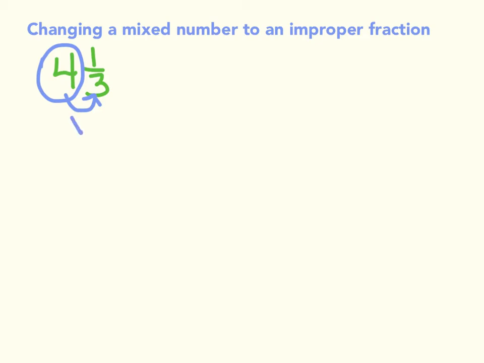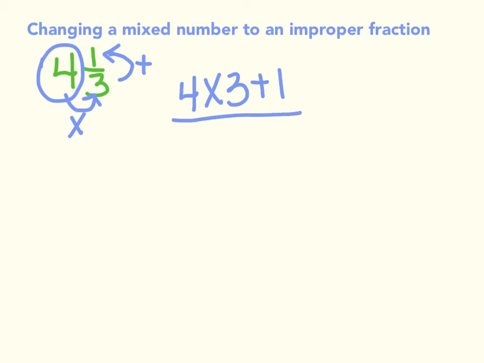So we're going to multiply those two numbers, and then add the numerator and place that over the denominator. So my problem would be 4 times 3 plus 1, over my denominator of 3. So this becomes 13/3.